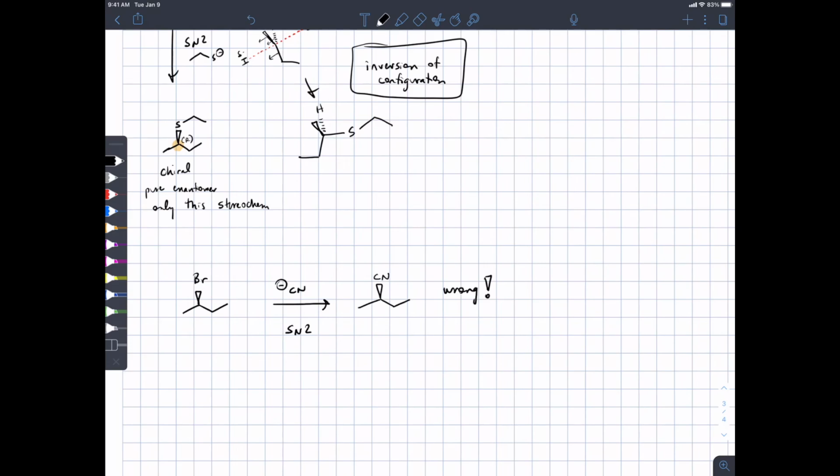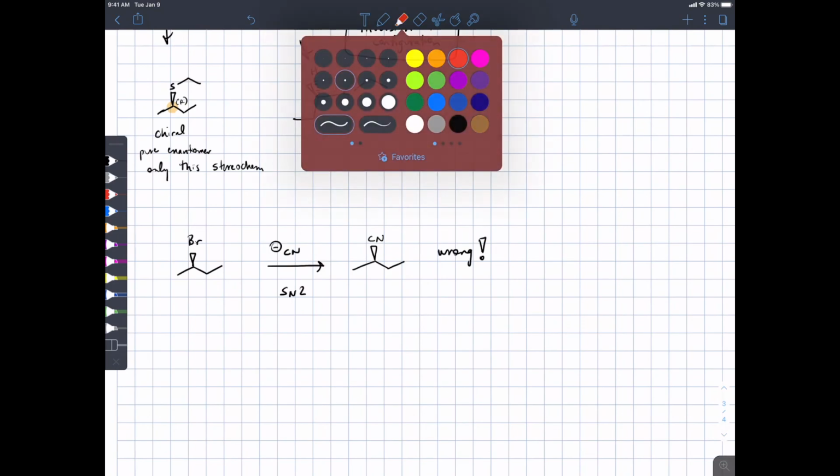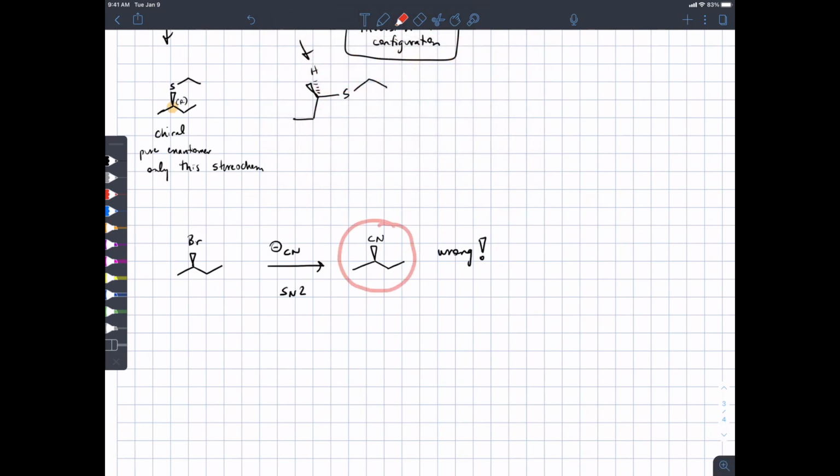And you're going to get the question wrong, because with an Sn2 reaction, there must always be inversion of configuration. So let's go ahead and put the big X through that and show you what the actual Sn2 product would be. And we'll put a green smiley face by it to indicate that that is correct.